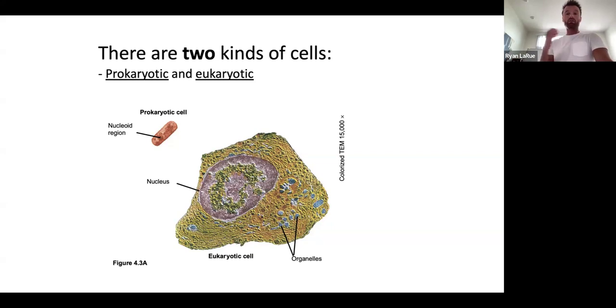Now, eukaryotic cells, in addition to a nucleus, have these specialized structures called organelles that prokaryotic cells lack. So we'll write this out and explore this a bit. But you can see from this picture an obvious difference.